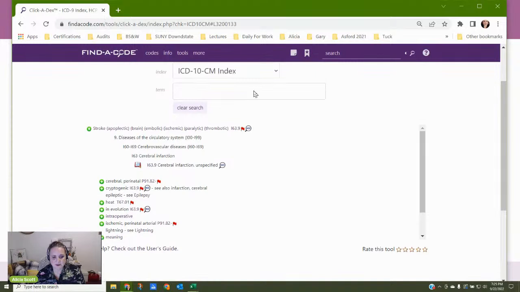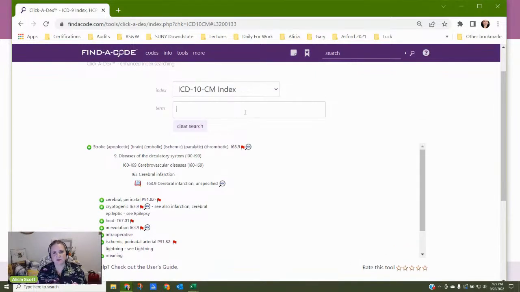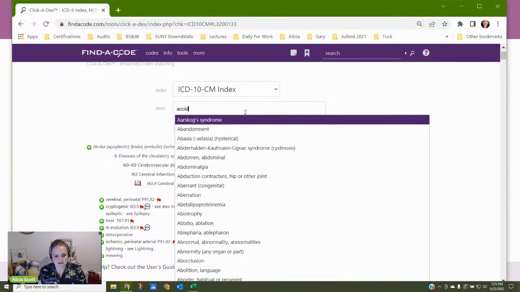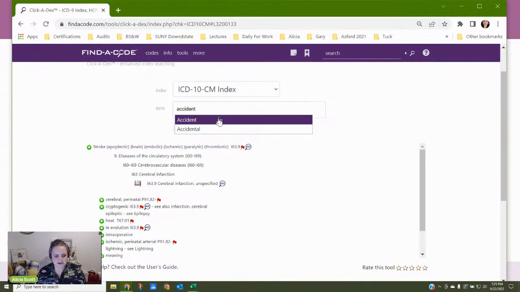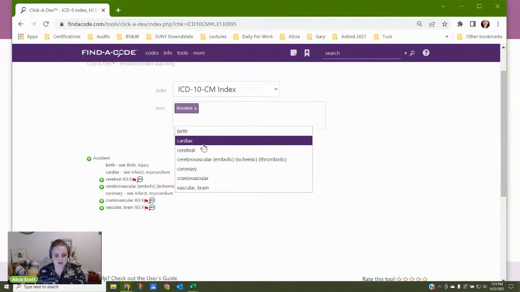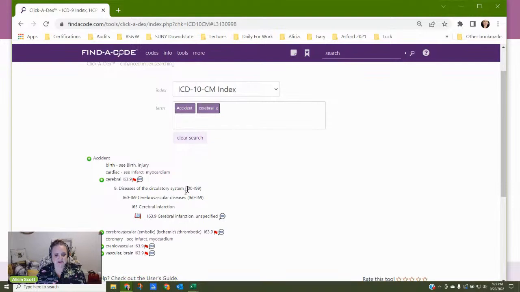I don't think we can get it through accident, but let's just see. Accident, cerebral accident, cerebral infarction unspecified. Isn't that cool? Now, notice a cerebral vascular accident or infarction here, cranial vascular, vascular brain, all of those are the same code to look up.